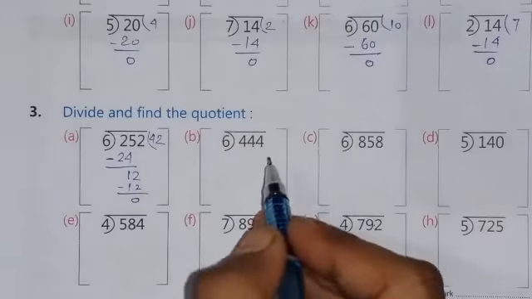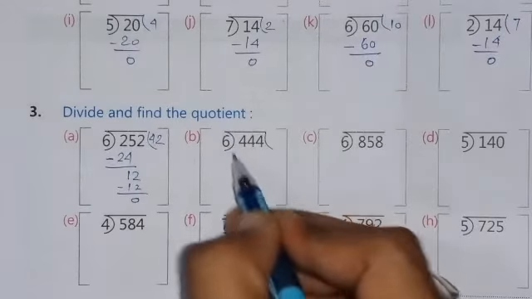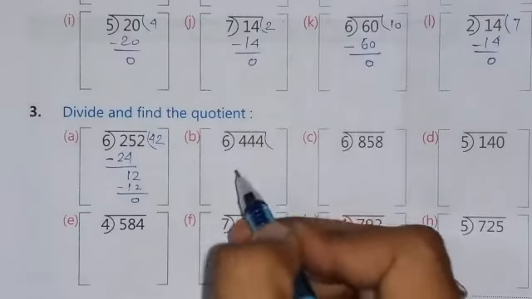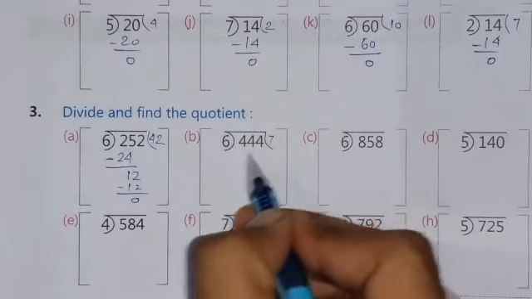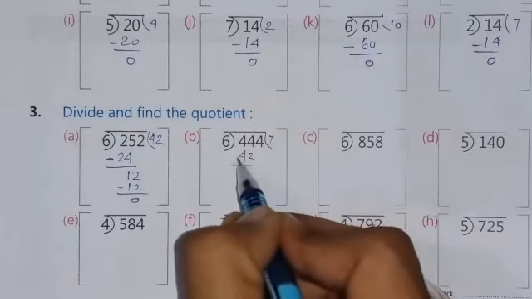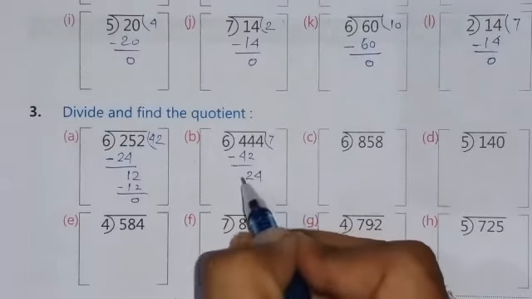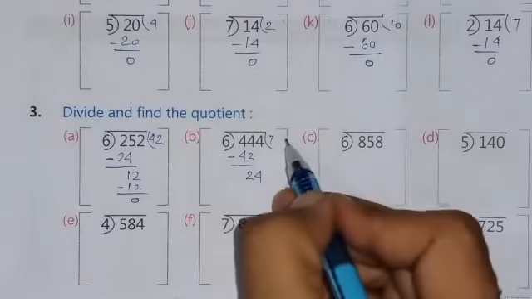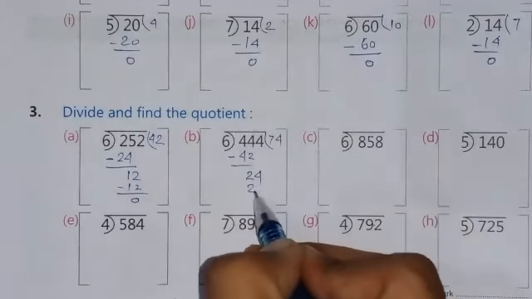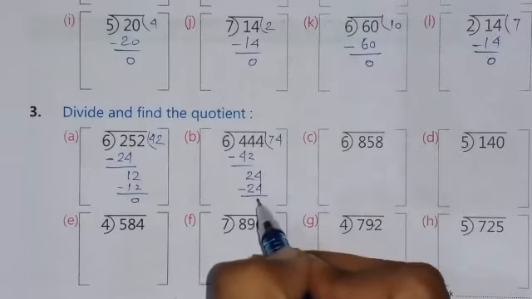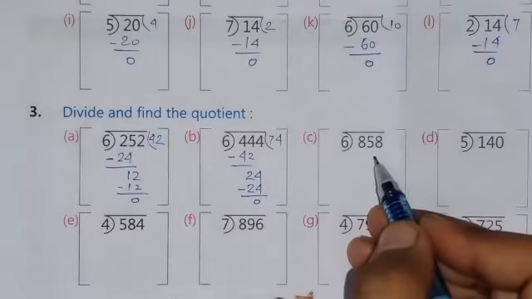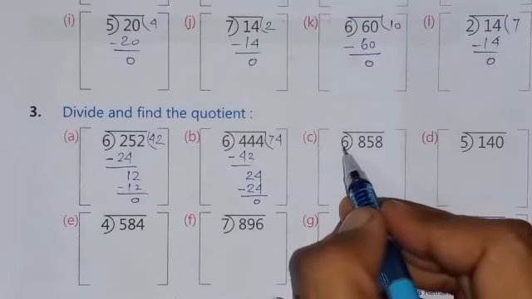In this question, on dividing by 6, we will take 2 digits. So 6 7s are 42. And on subtracting you will get 2. Now we have to write down 4 here. In the table of 6, 24 comes 4 times. So 6 4s are 24. On subtracting you will get 0. In this question, divide by 6.